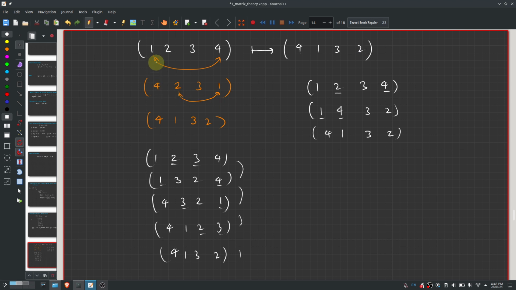So if you can go from 1, 2, 3, 4 to any other permutation using an even number of swaps, then it's impossible to get to the same permutation using an odd number of pairwise swaps.